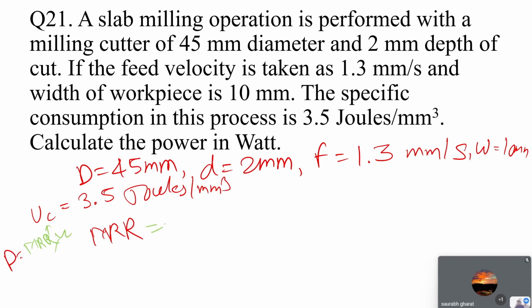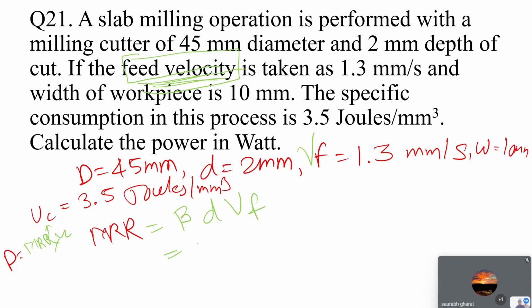So what is your MRR? Simply it's B times d times VF, so check what a mistake we did. This is not feed, this is feed velocity, so VF is feed velocity.